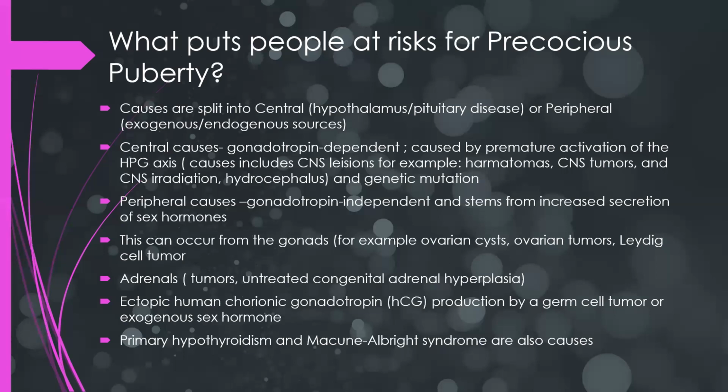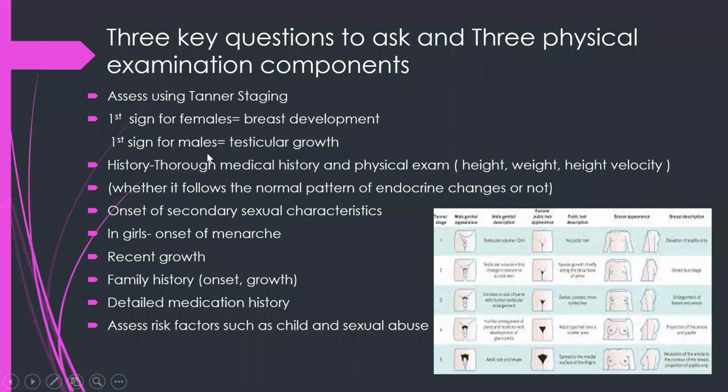This can occur from the gonads, for example, ovarian cyst, ovarian tumor, Leydig cell tumors, or the adrenals, ACTH hormone production by germ cell tumors, or exogenous sex hormones, primary hypothyroidism, or McCune-Albright syndrome are also causes of the peripheral causes. Three key conditions or questions to ask in the physical examination components.